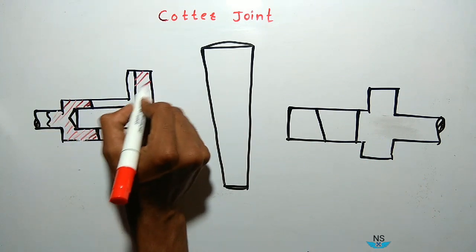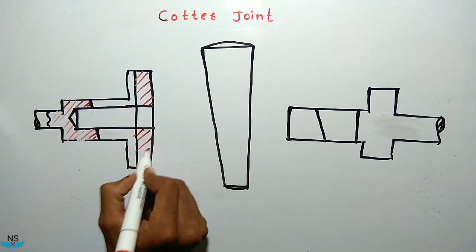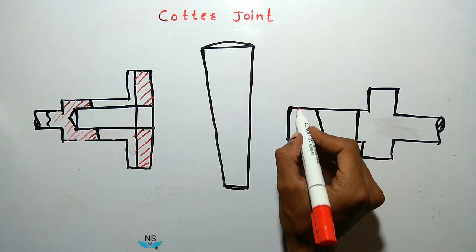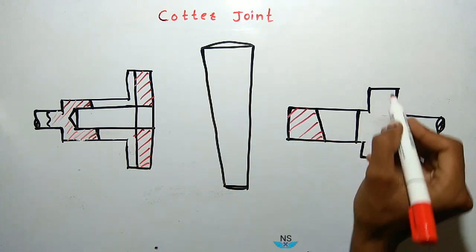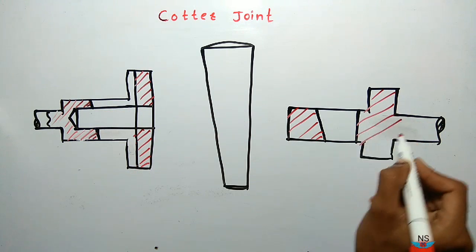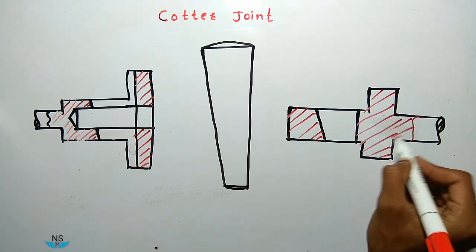This is the socket, the sectional view of the socket, the sectional view of the cutter, and the sectional view of the spigot.